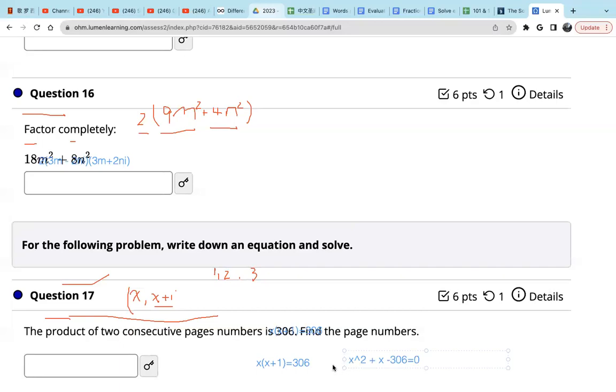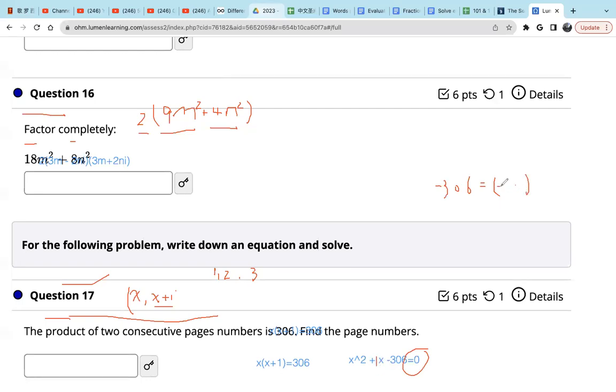Because when we solve quadratic equations, we always want to make one side 0, because then we can use the zero property. So now the work is to think about two factors of 306 that add up to +1, because you see the middle term's coefficient is +1.